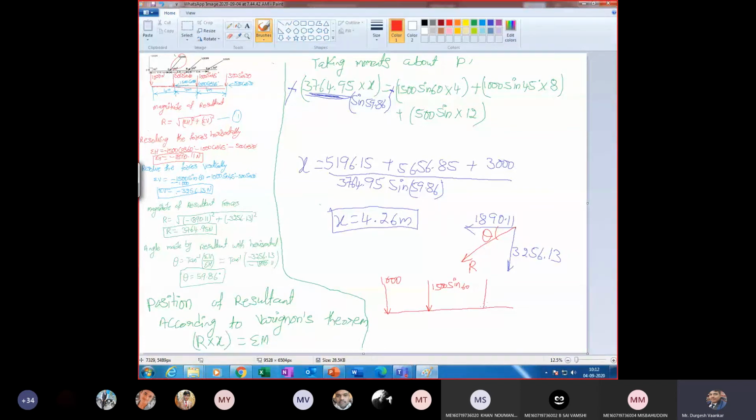Next, here 1000 sine 45. Next, at this point, it is 500 sine 30. Whatever the question is given, I have written the same thing here, but finally I am giving the conclusion.